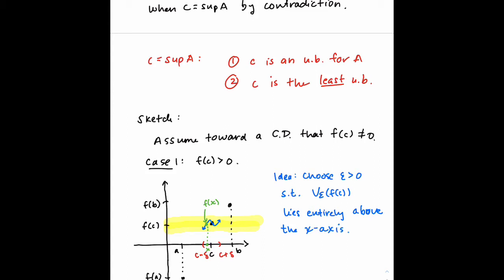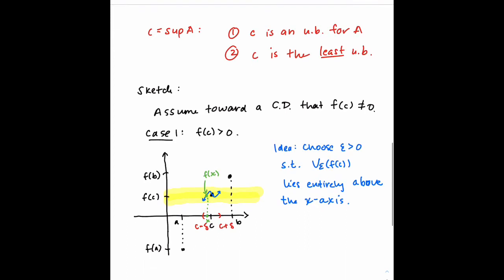That tells us that every single x value we select from the delta neighborhood is going to have to be a positive function value when you plug it in. And furthermore, that means that any x in the delta neighborhood is not in the set capital A. Because remember, capital A only contains x's that output to negative numbers.